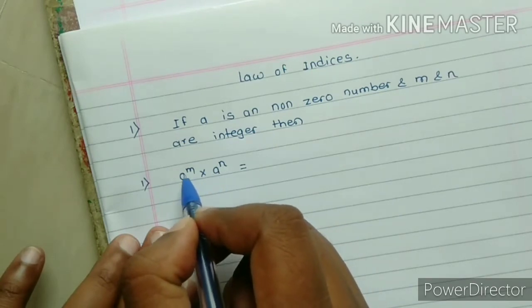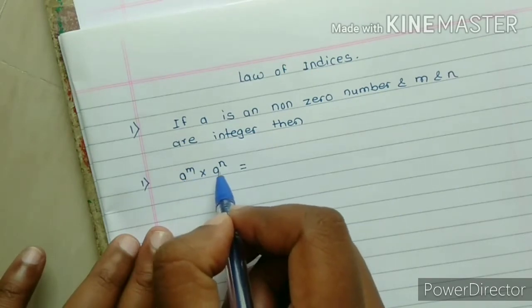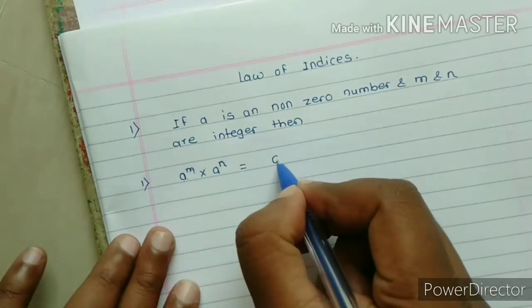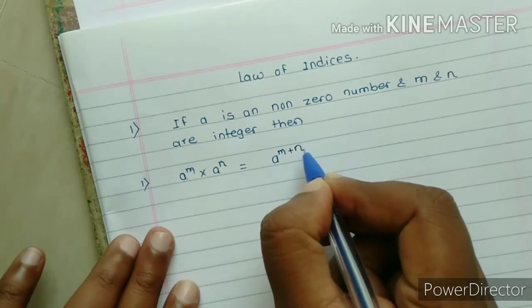Here the base is the same, a. In multiplication of indices with the same base, there is addition of index number. Therefore, a^(m+n).